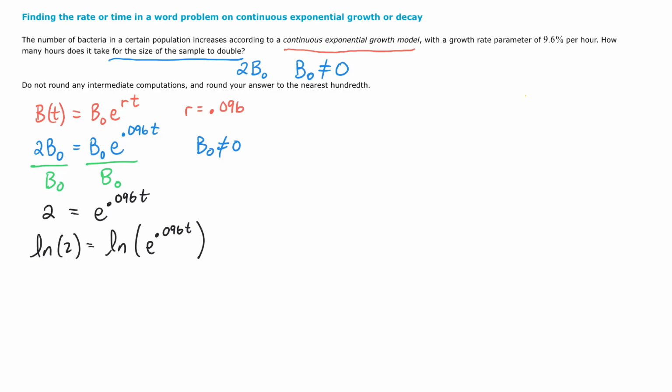and now we want to write ln of 2 is equal to decimal 0.096 times T times ln of e. But ln of e is just 1. So now we could divide by decimal 0.096, because decimal 0.096 is not 0.